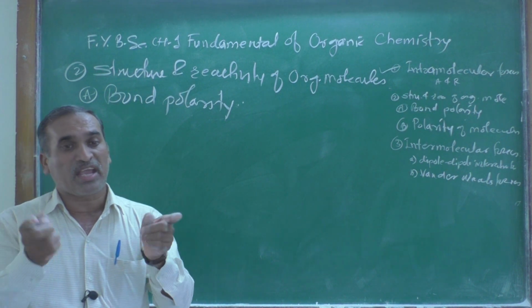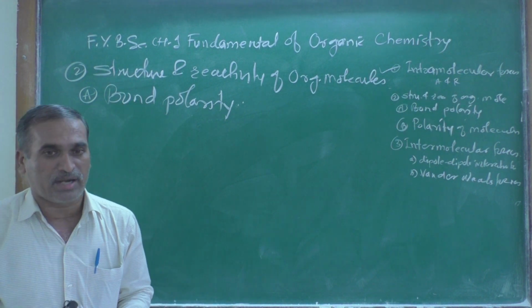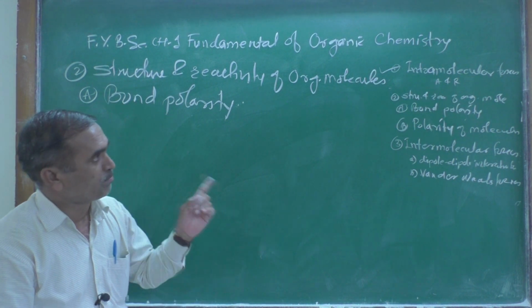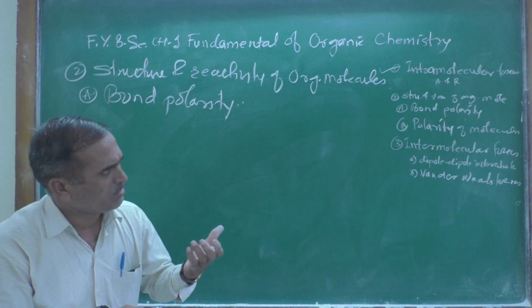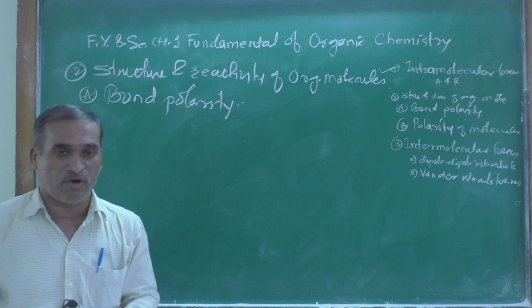These are the three kinds of carbon atoms present in organic compounds. So what do you mean by a polar compound or polarity?